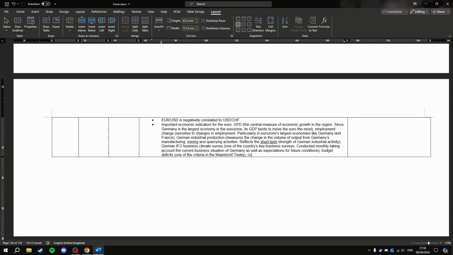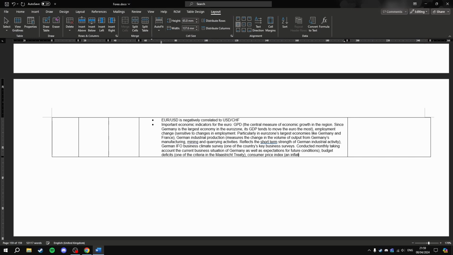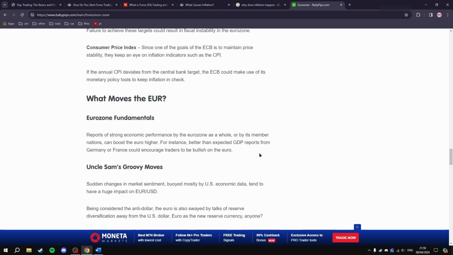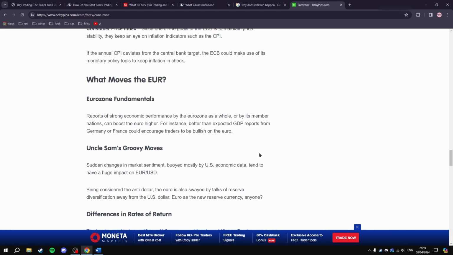Consumer Price Index, CPI. Since one of the goals of the ECB is to maintain price stability, they keep an eye on inflation indicators such as the CPI.